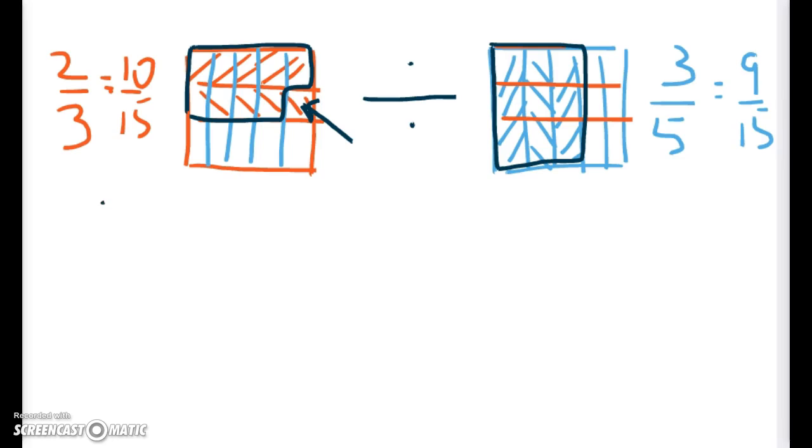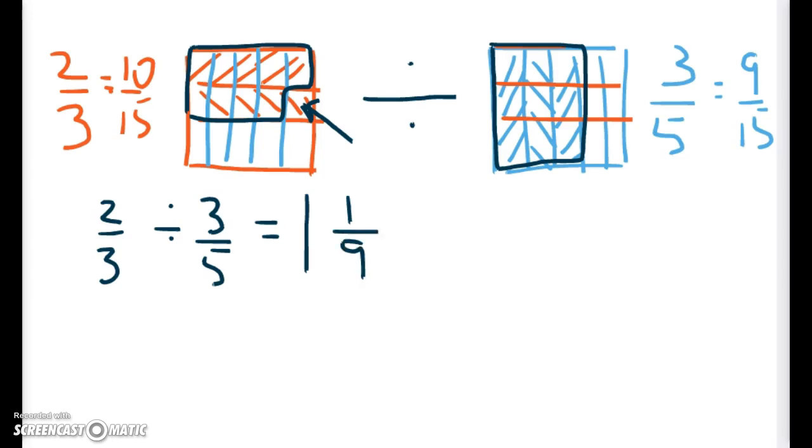And how much of the original portion would it represent? So what we have done is we've taken 2/3 and we've divided it into however many portions, 3/5 in size, we would get, and we end up with one entire portion and then one part of the 9 that we would have liked to get.